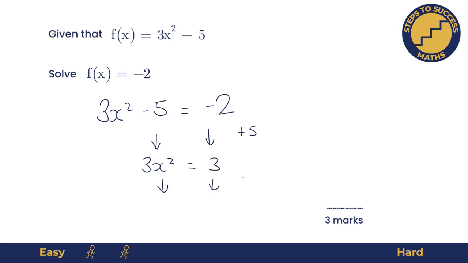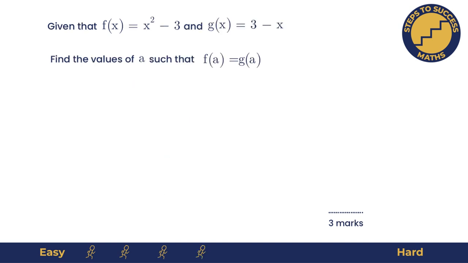Then divide by 3. x squared is equal to 1. And now we need to square root the answer. So x is equal to plus or negative 1. Be sure to include both possible values of x, 1 and negative 1, to make sure you get the marks.